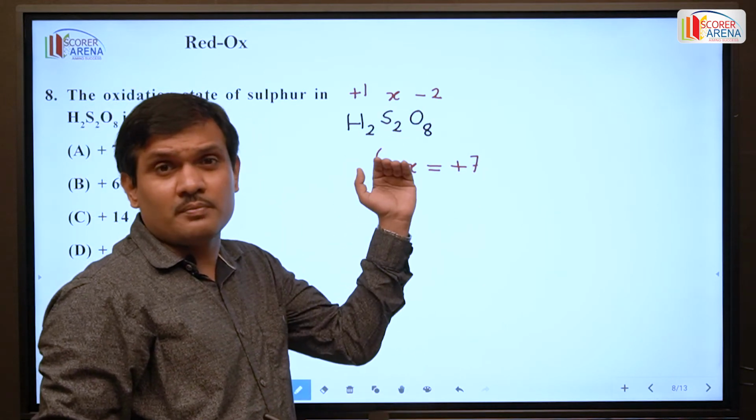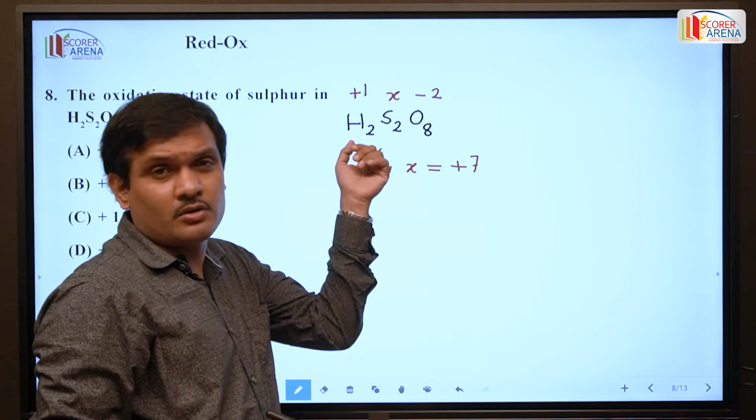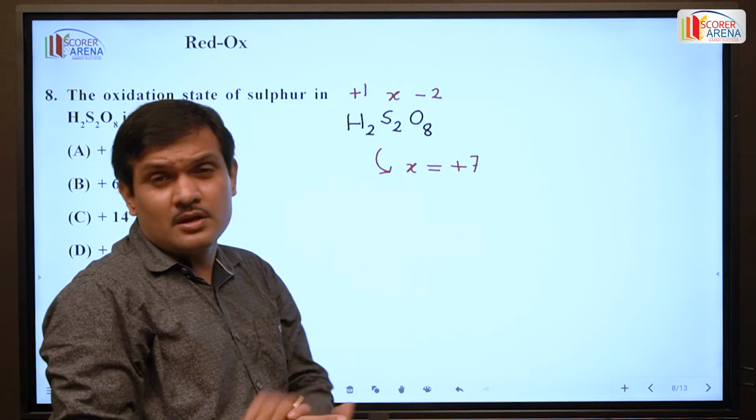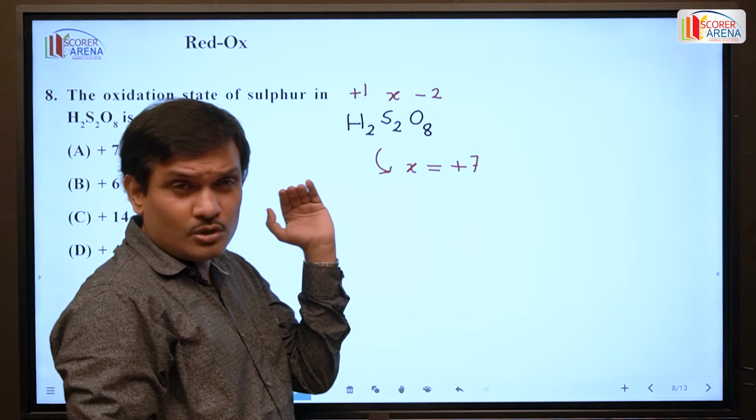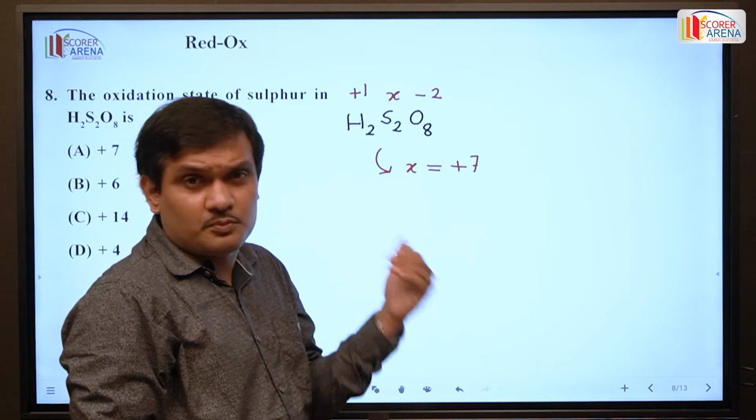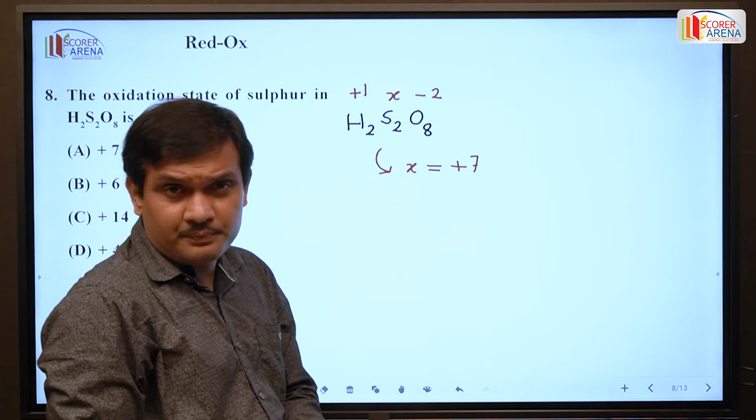For 8 oxygen atoms it is -16, and 2 hydrogen atoms give a total of +14. So 2x is equal to +14, x is equal to +7.